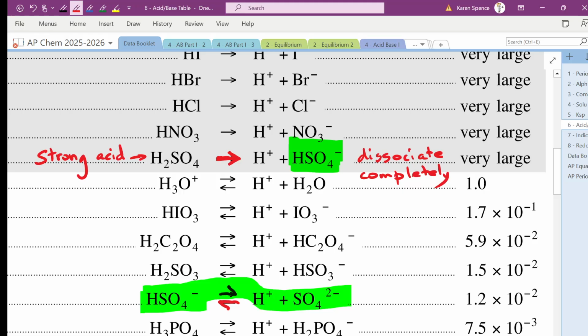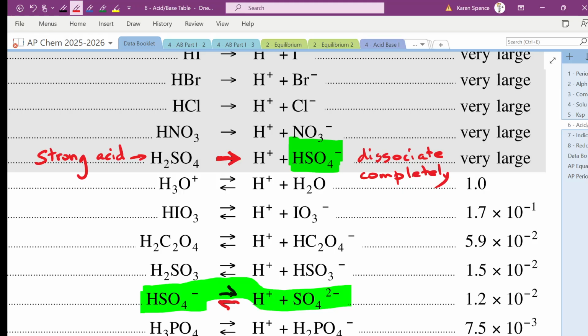So, if I had some H2SO4, and my proton comes off, will the proton go back on? No. Therefore, can HSO4 minus accept a proton? No. Okay? It is thermodynamically unfavorable. It will not happen.